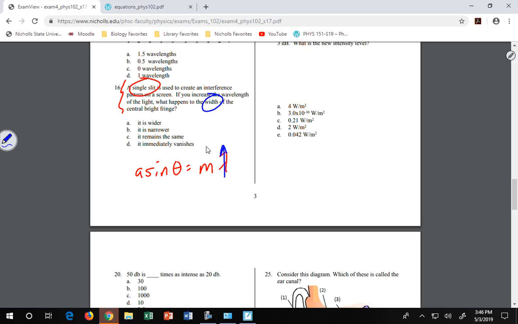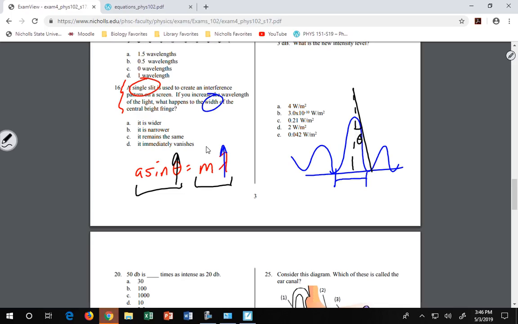The width of the central bright fringe is this width, and that width is given by this angle, so it's proportional to that angle. Anytime you see the width of the fringe, you're thinking, what's happening to the angle theta? If I increase the right-hand side, I have to increase the left-hand side. So theta is going to increase, which means the fringe will get wider.